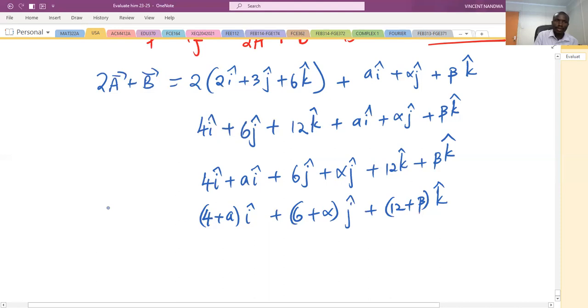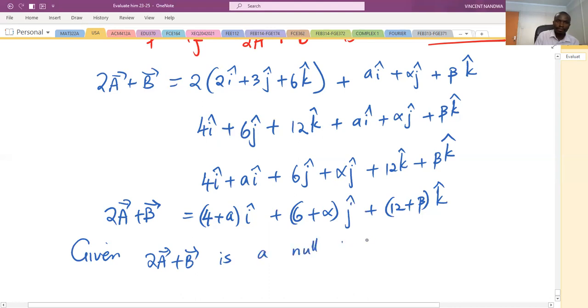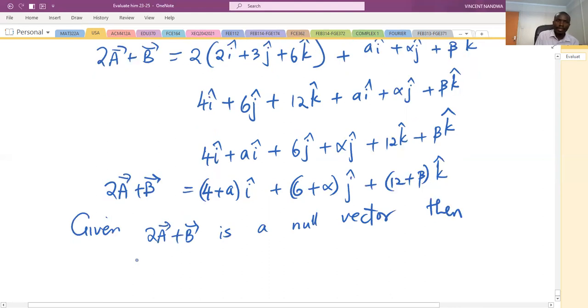So this is what gives us 2a plus b. And given 2a plus b is a null vector, this implies that 2a plus b must be equal to 0i plus 0j plus 0k.